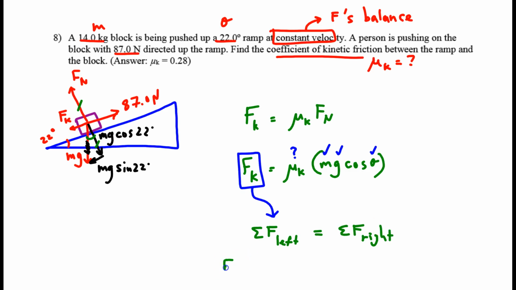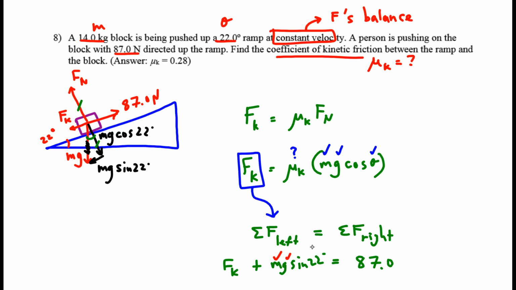Pointing left is Fk, we add with it any other leftward pointing forces, like mg sine theta. Pointing to the right, we have the 87. And we solve for Fk, because we know m and g, we know theta.